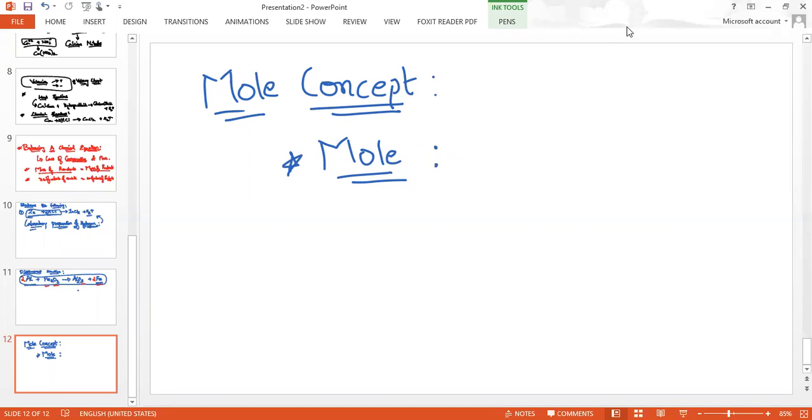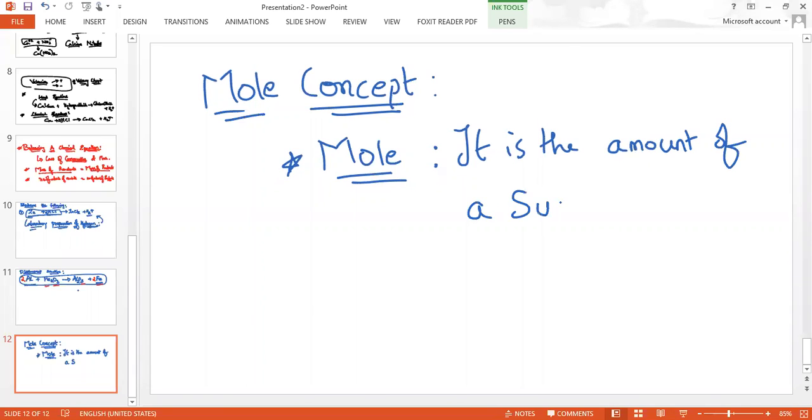Mole is the amount of a substance, a unit of amount of substance. A unit of amount of substance, that is also okay.